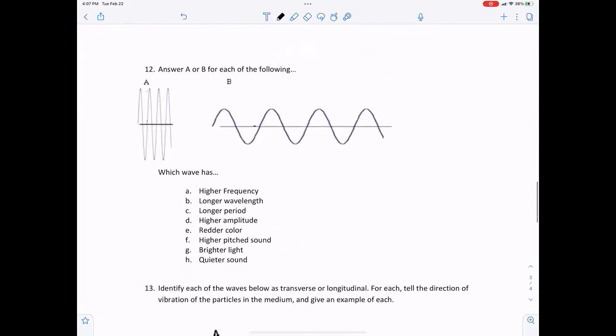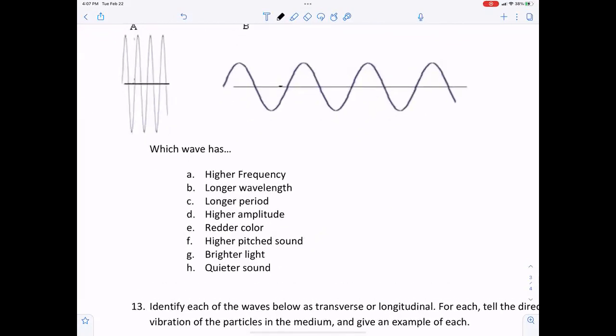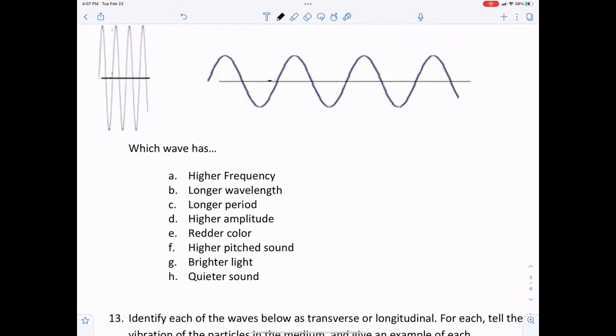Number 12. Select answer A or B for each of the following. Wave A is over here. Wave B is over here. All right. Now, part A, which one has a higher frequency? Well, this one repeats more often, or we could say more rapidly repeating.